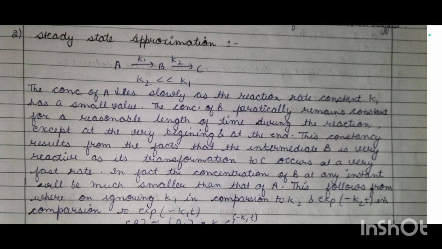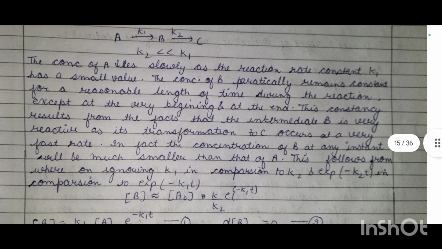The concentration of B practically remains constant for a reasonable length of time during the reaction, except at the very beginning and at the end. This constancy results from the fact that the intermediate B is very reactive, as its transformation to C occurs at a very fast rate.